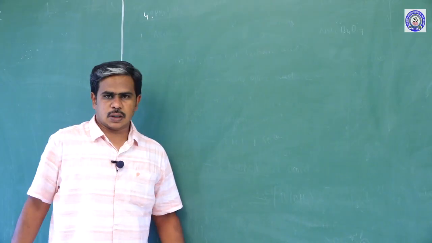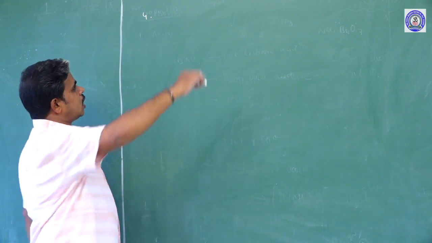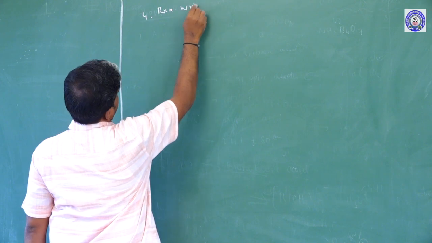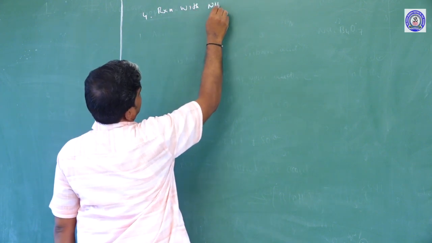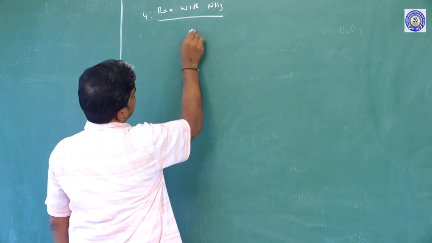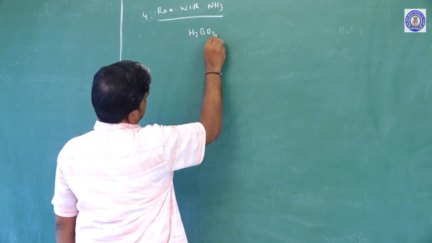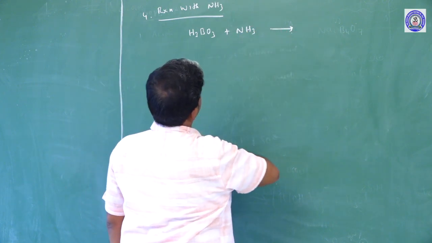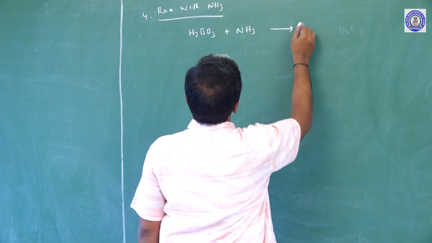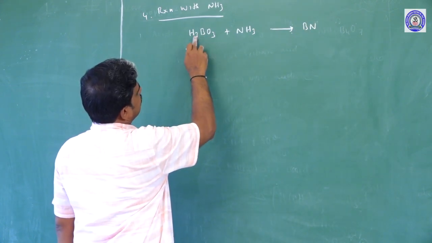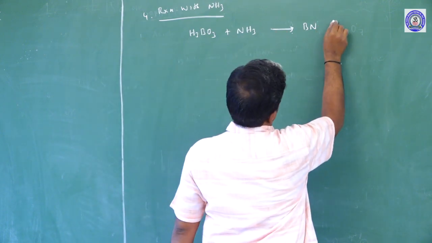Okay. The next property is the reaction with ammonia. Boric acid, that is H3BO3, is reacted with ammonia and forms boron nitride and water.